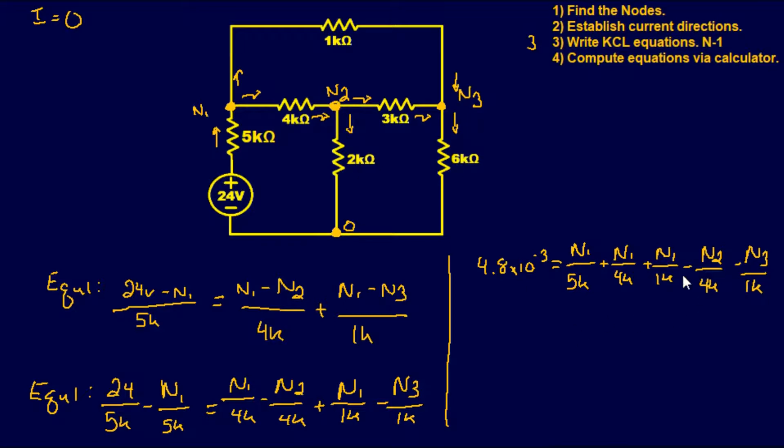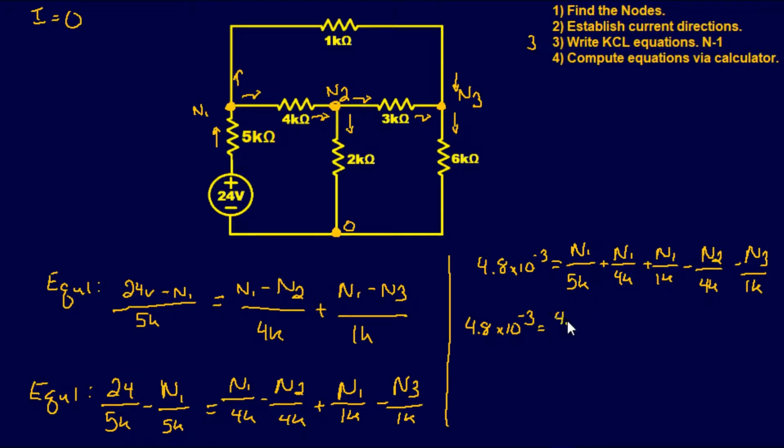Okay. Well, we have 3 terms here, node 1, that have 3 different denominators. So we need to find a common denominator. Well, looking at this just by glancing at it, I can right off the bat say 20 will work. So let's make node 1 have a common denominator, and then we'll be able to finish up the math for that one. So it's 4.8 times 10 to the negative 3 equals, to make 20 kilo, we need to multiply this by 4.